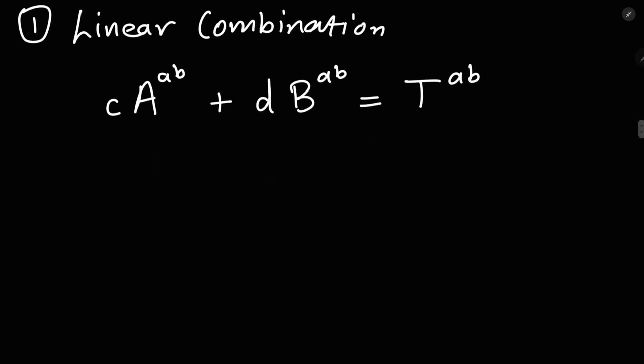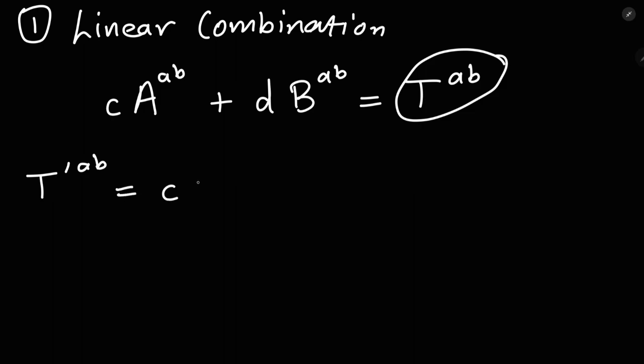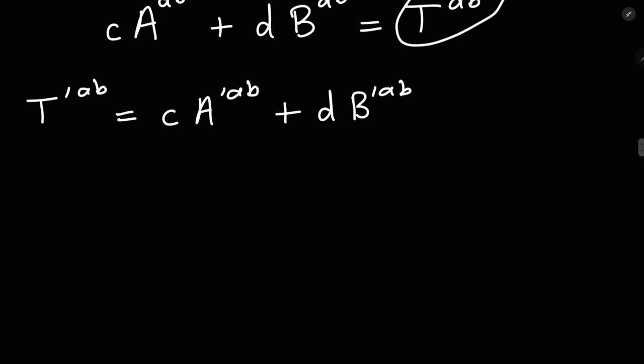To see how this is a tensor, let's write the transformation equation. T prime AB will be equal to C A prime AB plus D B prime AB. The C and D transform to the same quantities because they are scalars.